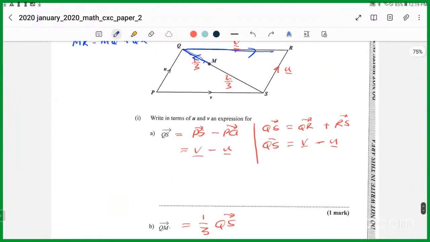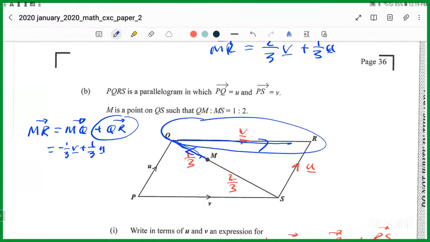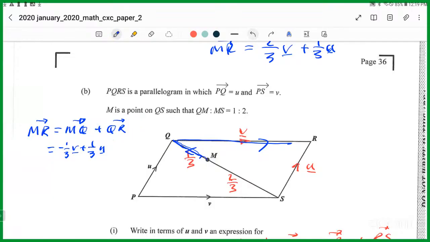So let's put it here. This is minus a third V plus a third U. And then QR is right up here, so just a V. So I'm going to add a V now, plus V. So this 1/3 U comes back.